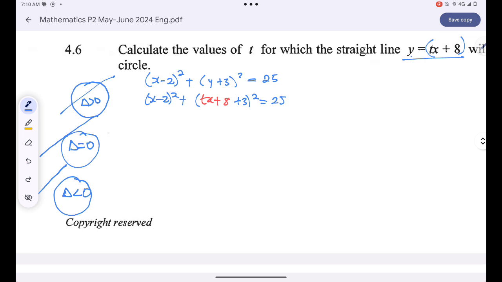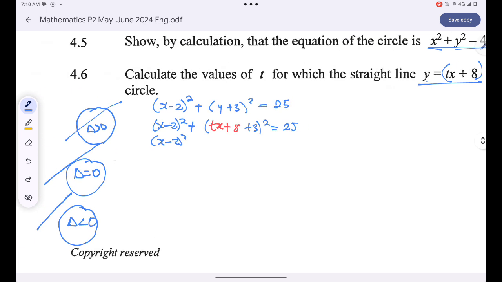So this will simply be (x minus 2) squared as well, plus (tx plus 11) squared is equal to 25. You can open two brackets. For this one, you'll simply have x squared minus 4x plus 4.